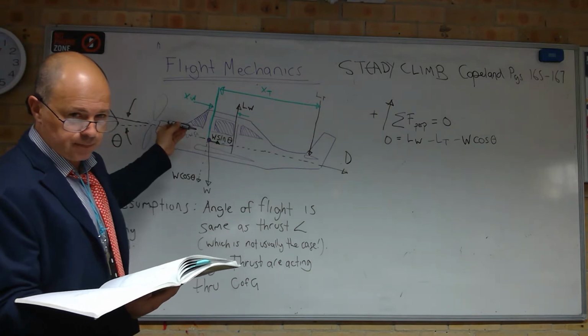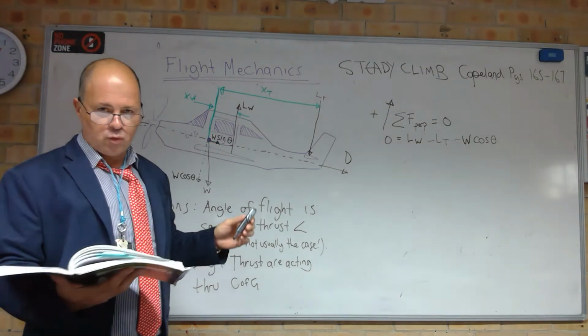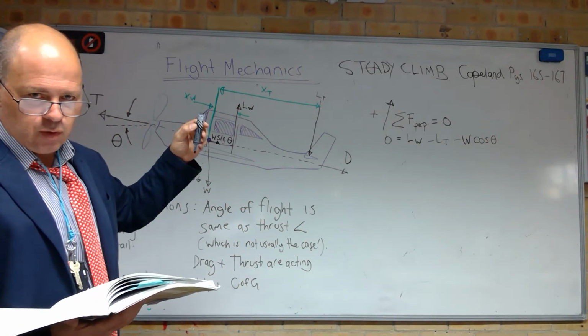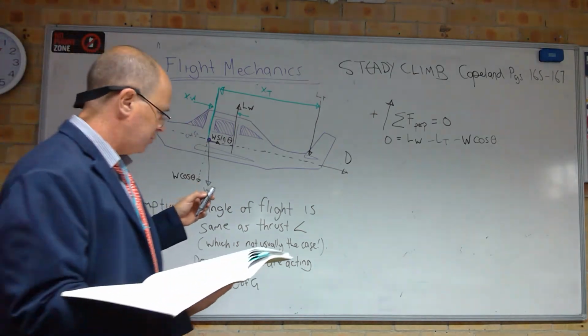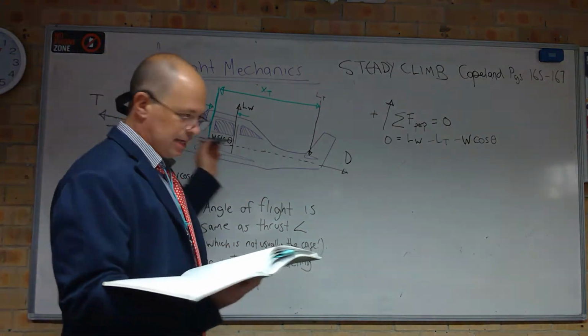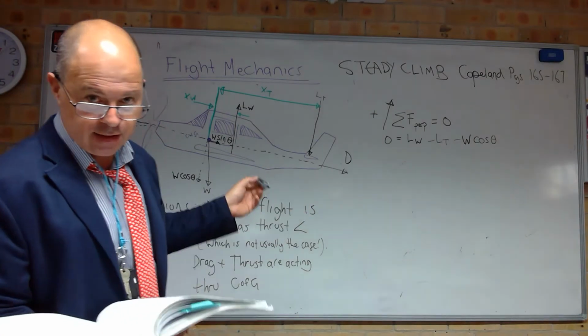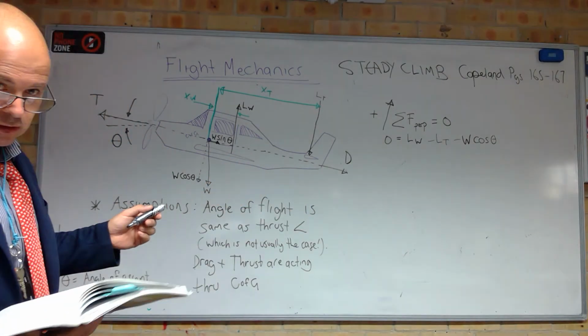Okay, so it's very much like when you have a weight on a plane, weight acting into the plane, mg cos theta, weight acting down the plane, mg sine theta. That's how they've got that W cos theta.